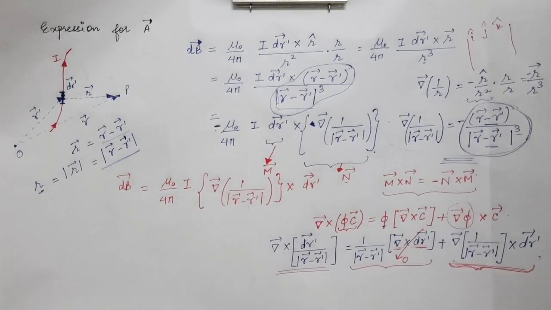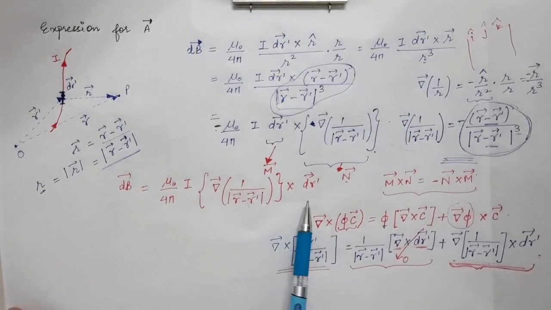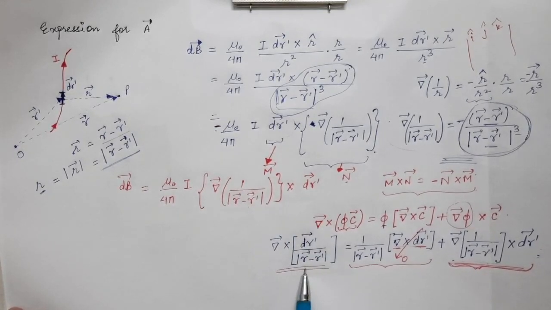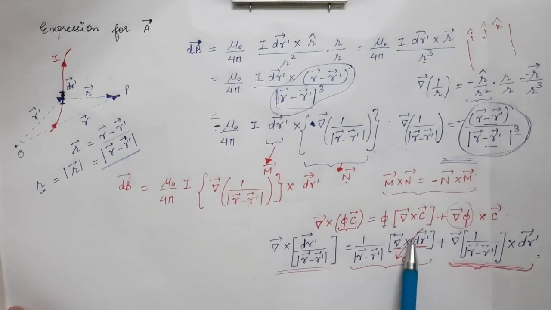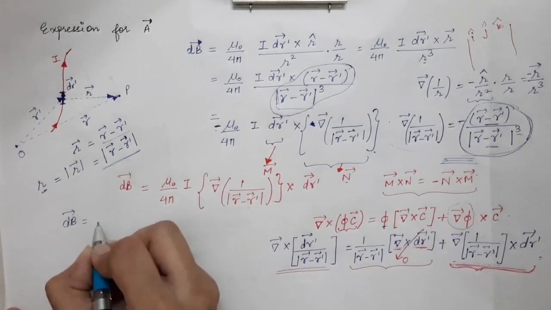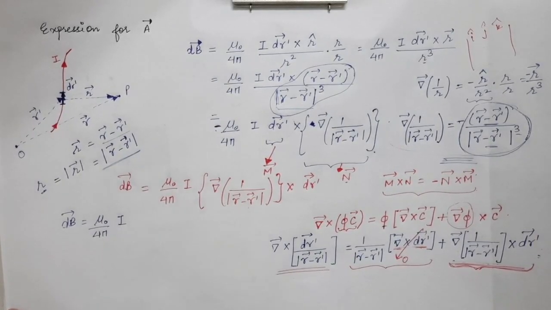So we can substitute this expression which is present over here as this left hand side, because this first term comes out to be equal to 0. So dB vector will be equal to mu naught divided by 4 pi, then the current as it is.